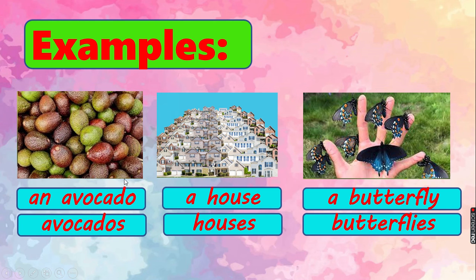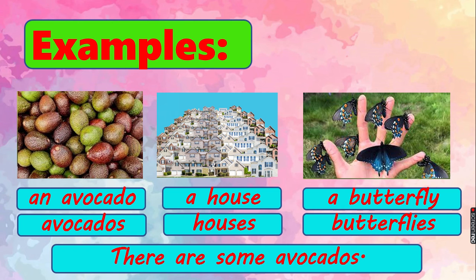Did you see that? All these 3 count nouns have a plural form. The plural of avocado is avocados. The plural of house is houses. The plural of butterfly is butterflies. And we can make sentences too. There are some avocados. If we use the word some, the noun is always plural.